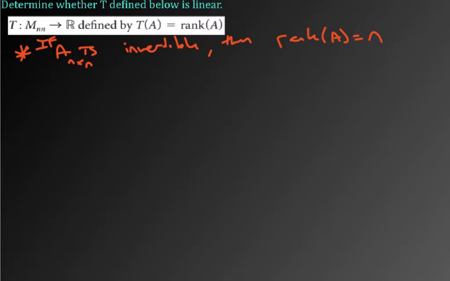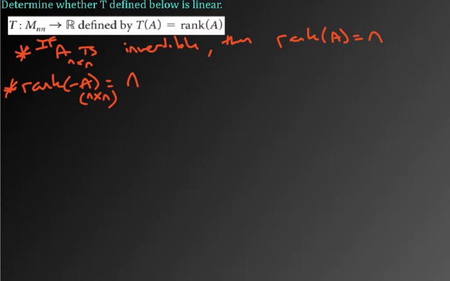If something is invertible, then it's full rank. And we also know that the rank of minus A, for the same n by n matrix A, is still n. Doing minus A doesn't really change anything. So this is how you could come up with a contradiction.